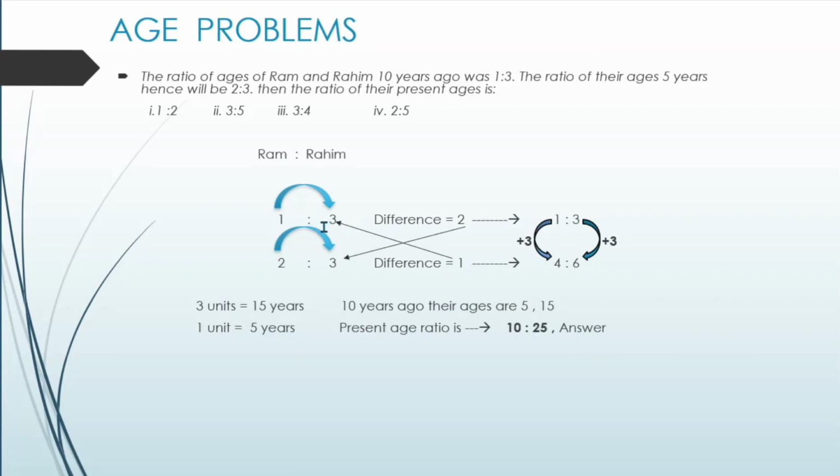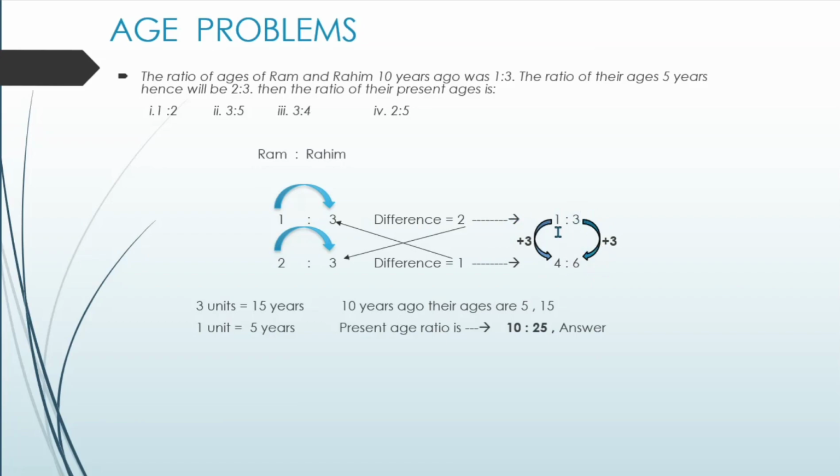That means in the first case the difference was 2, this 2 you have to multiply with this one, and after 2 minus 3, this 1 you are getting, you have to multiply with this one. Here it is 1, you might get 3, 5, etc. So after multiplying you are getting some new ratios, that is 1 is to 3 and 4 is to 6.